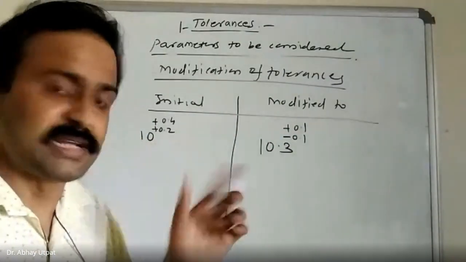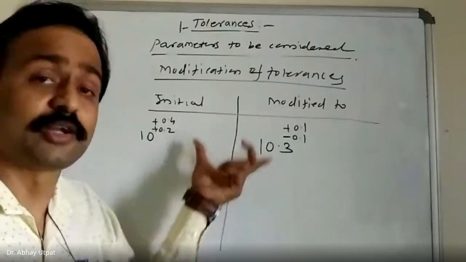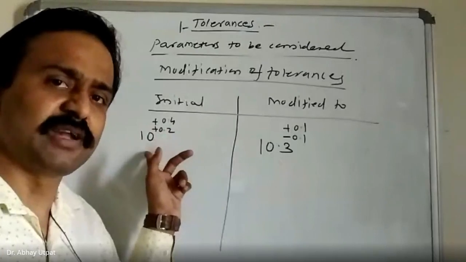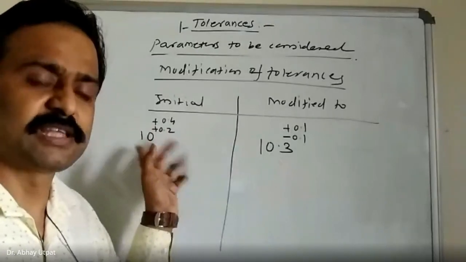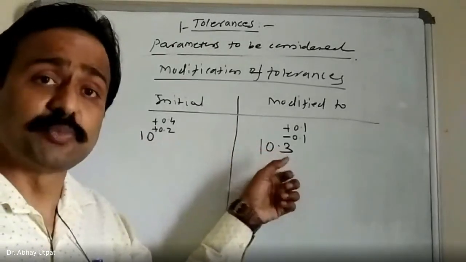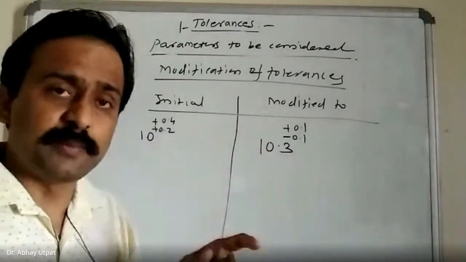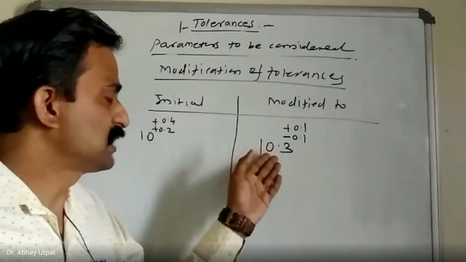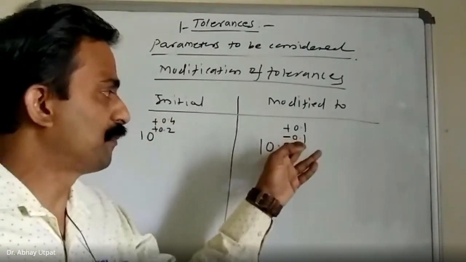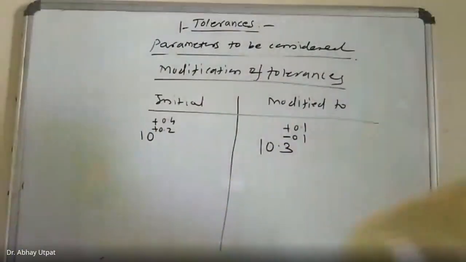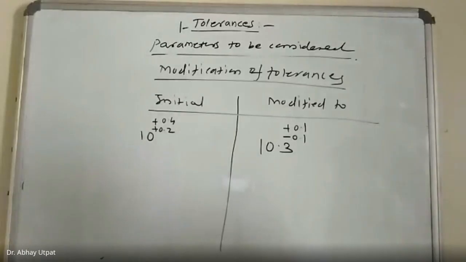Try to understand the writing style in the tolerances. If you write in the earlier way, laborers will definitely make mistakes, and it is very difficult to measure. But here, it is easy to measure. Are you getting my point? So 10 plus 0.2 plus 0.4 is modified to 10.3 minus 0.1 plus 0.1. This is the dimension writing style.